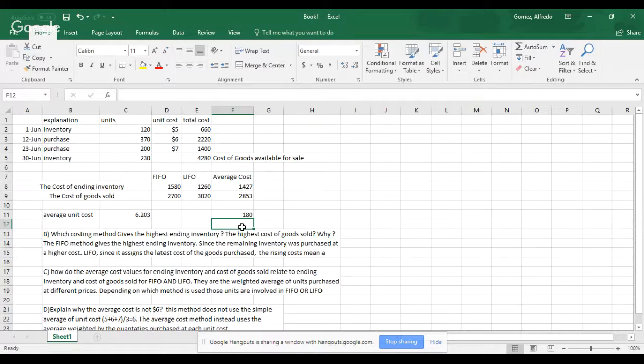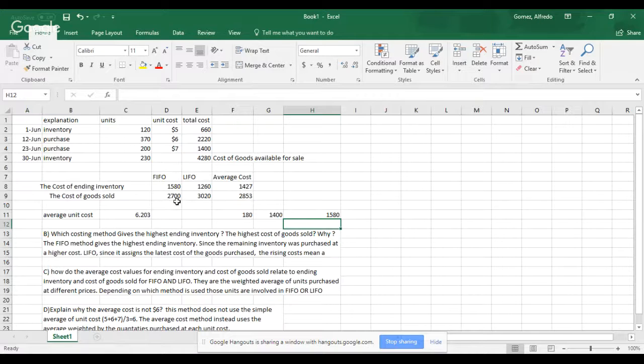That's 180. So the 180 plus the 200 units at $7 a unit, which gets you 1400. If we add these two together, it gives us our first in, first out ending inventory.